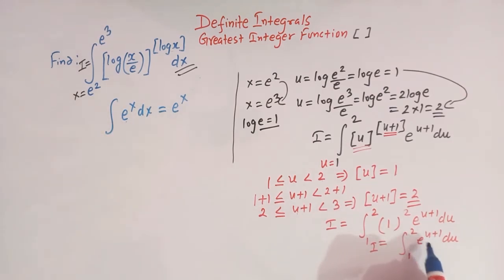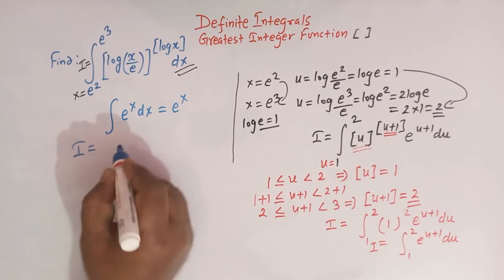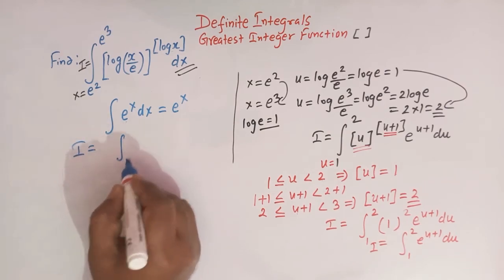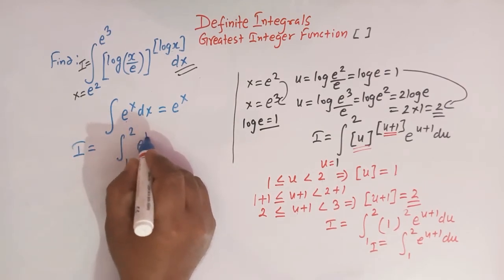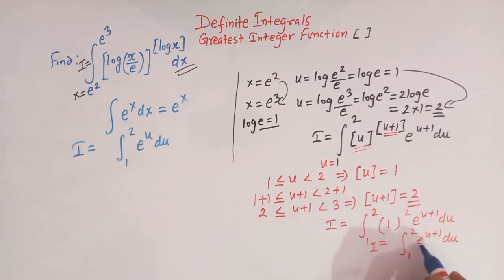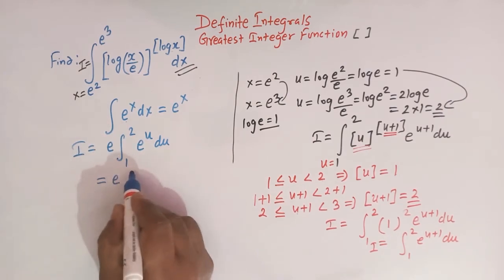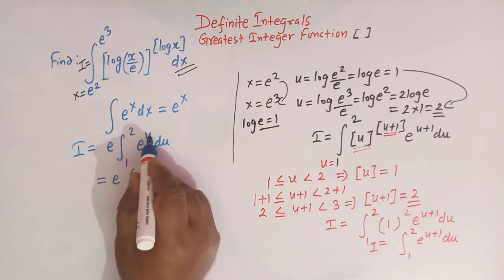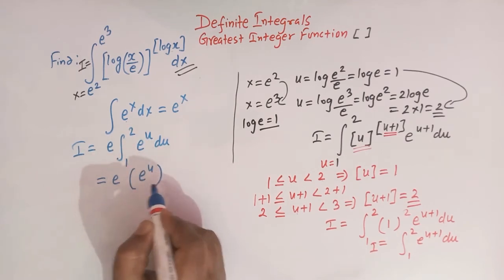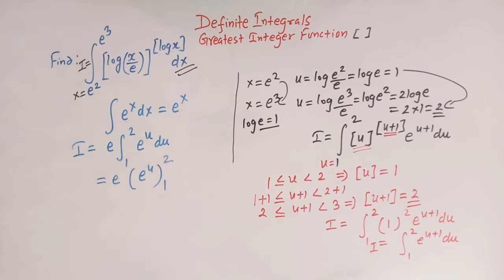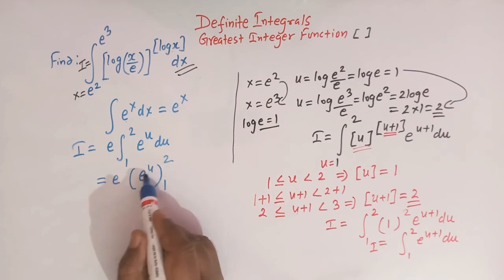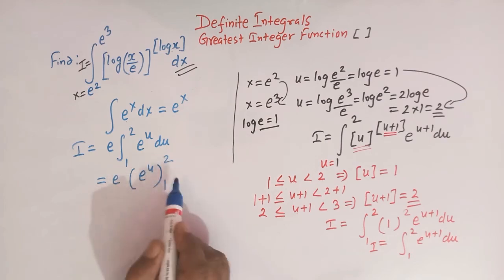So here I is equal to the integral from 1 to 2 of e raised to u du, and e raised to 1, being a constant, can be taken outside, so we have e times the integral of e raised to u, which is e raised to u, with limits from 1 to 2. Now we simply substitute the limits and take the difference.